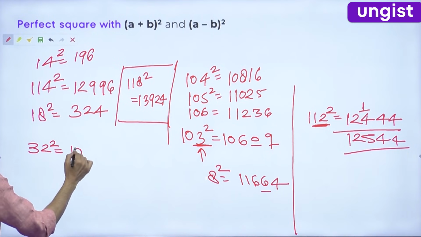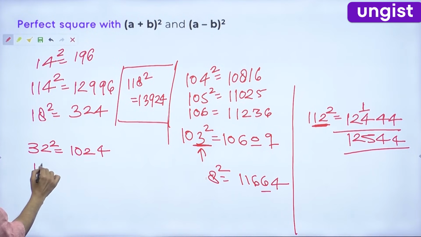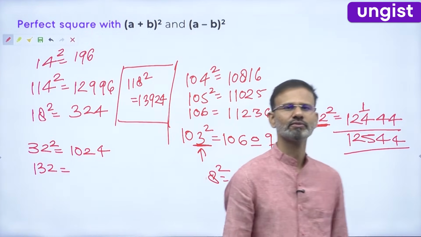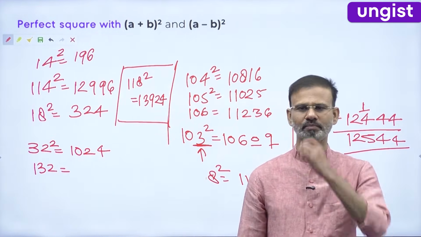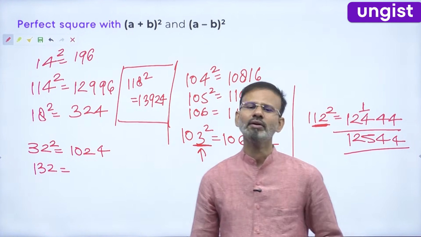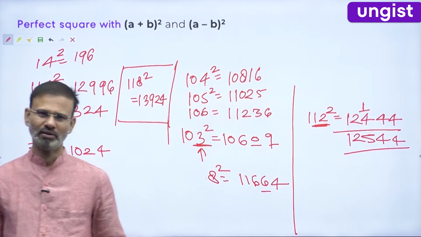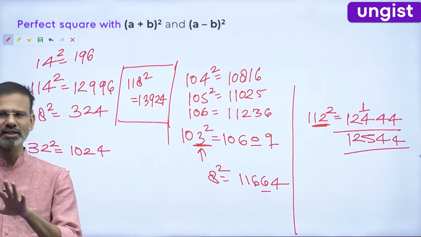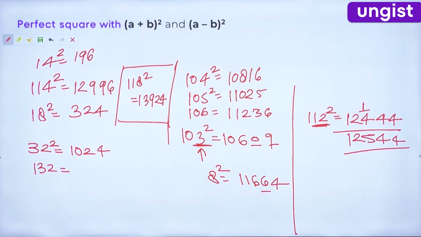Okay? Can you tell me the square of 132, everybody? Yes, all of you. You please tell me the square of 174. Very nice. Everyone, it is 164 plus 10, 174 and then 24. Very good, guys.